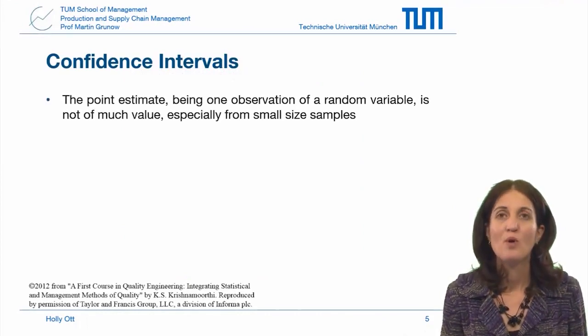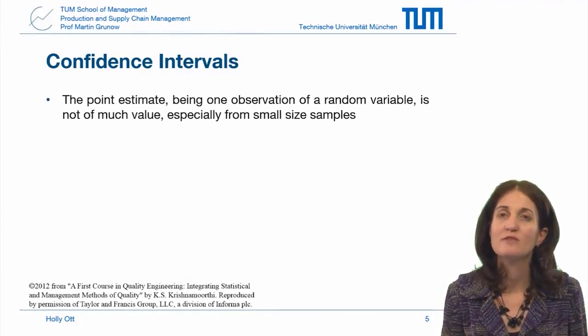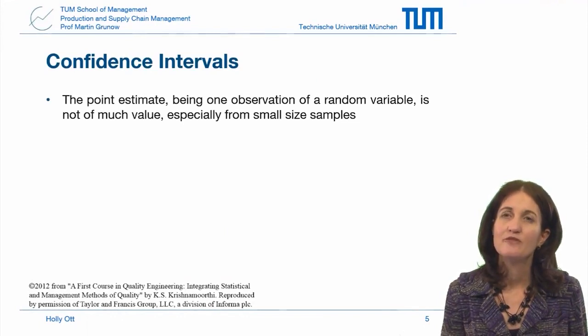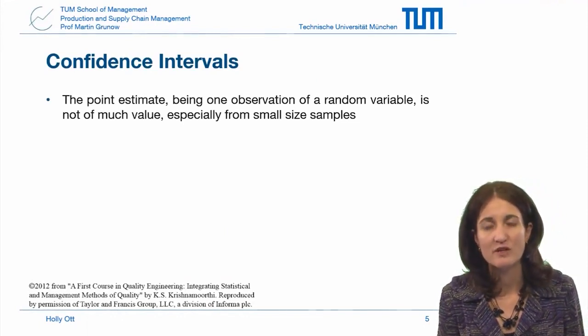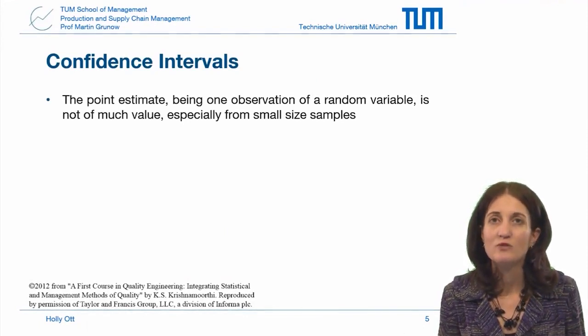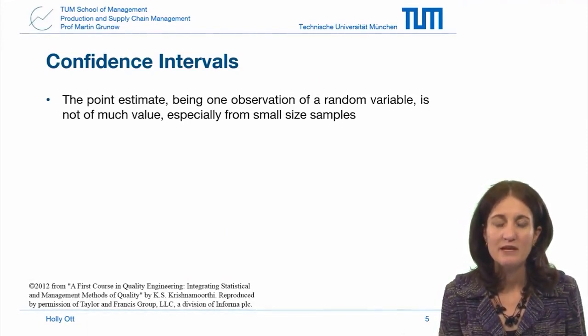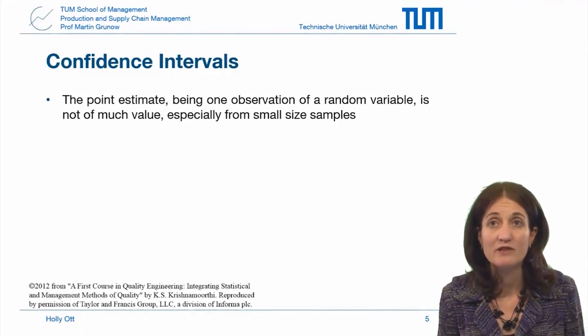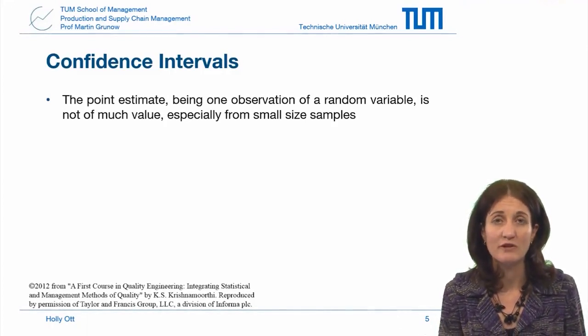The point estimate, especially from a small sample, if you remember, is just one observation of a random variable. Its value will vary from sample to sample, and we cannot trust this individual value to be the true value of the population parameter.